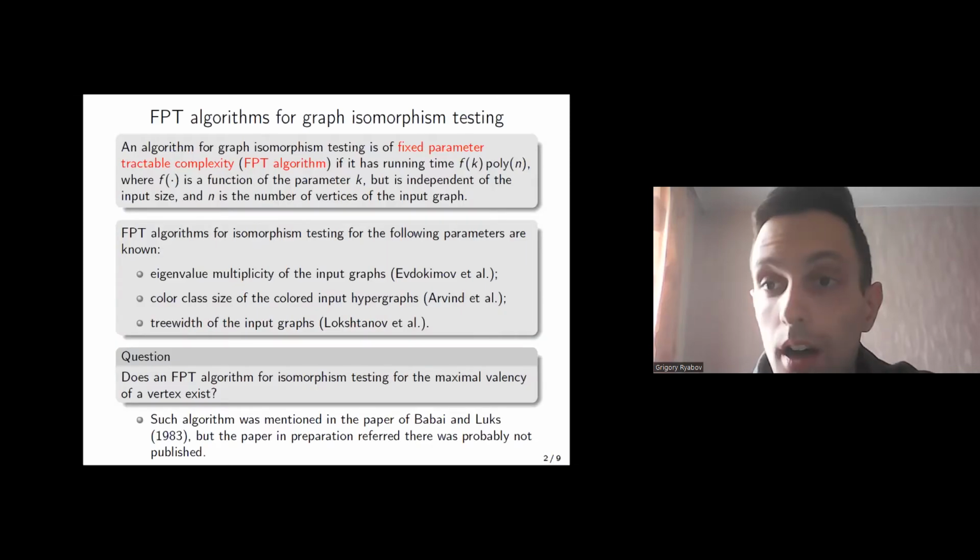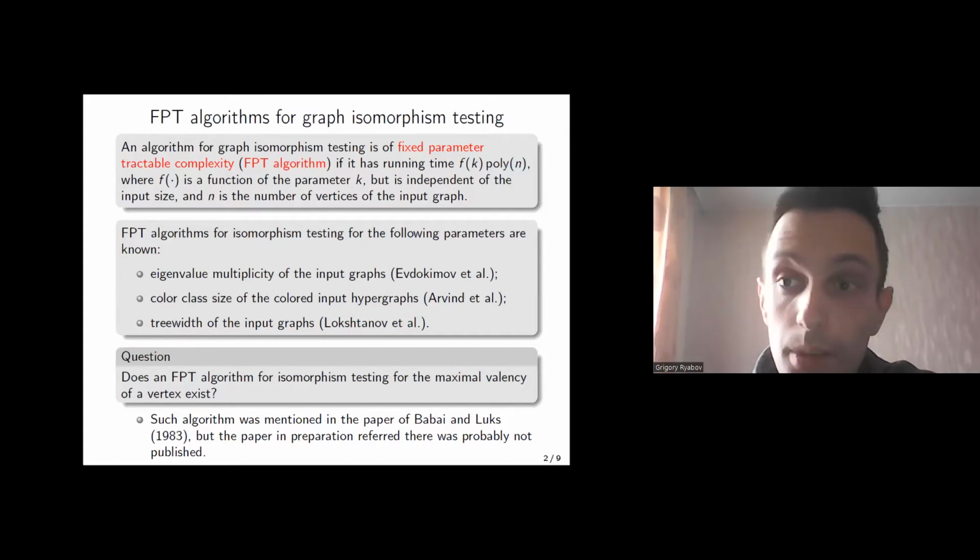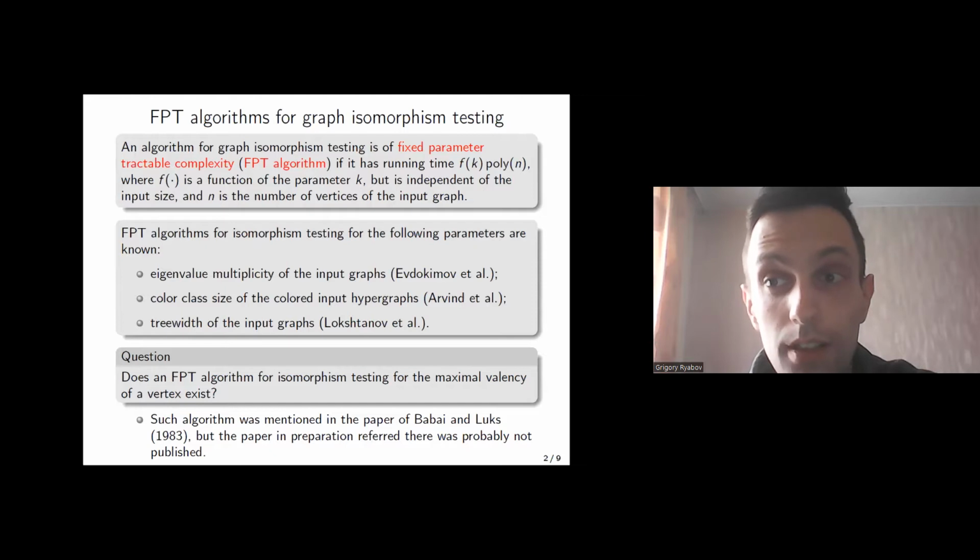Our first key notion is the notion of a fixed parameter tractable algorithm. Of course, we may speak about fixed parameter tractable algorithms for different purposes, but during this talk, we will discuss only graph isomorphism testing.